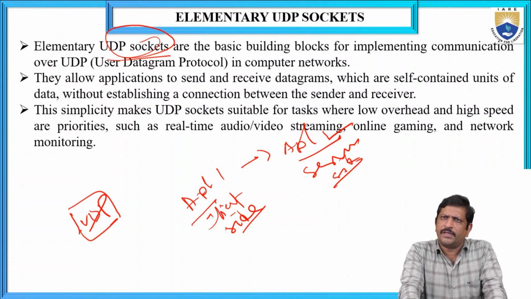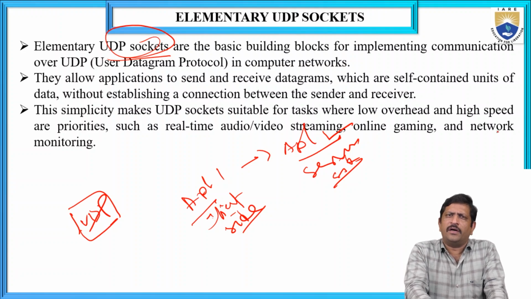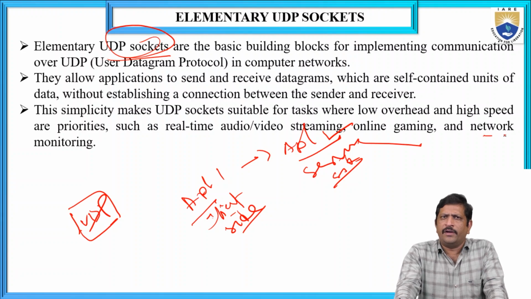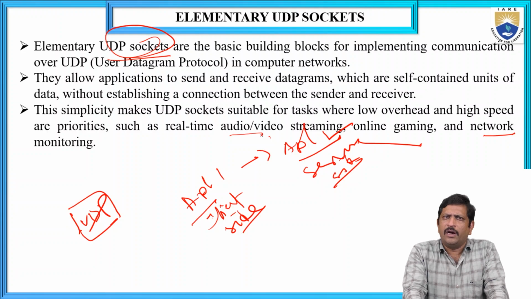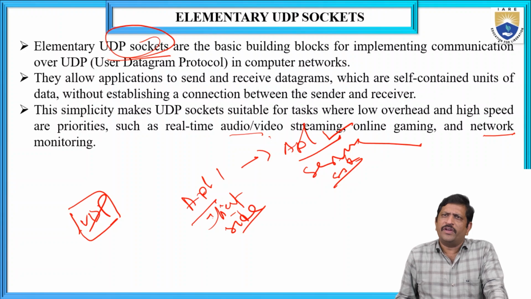Online gaming is another example, and network monitoring is also a real-time example. In these applications, online gaming, network monitoring and audio video streaming, we are utilizing elementary UDP sockets. By utilizing these, we can effectively establish the communication.